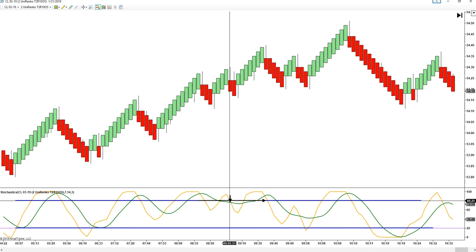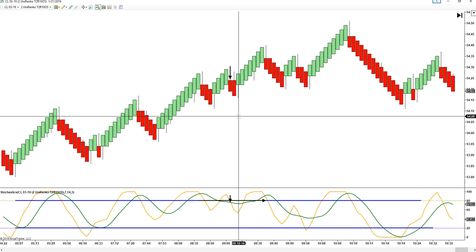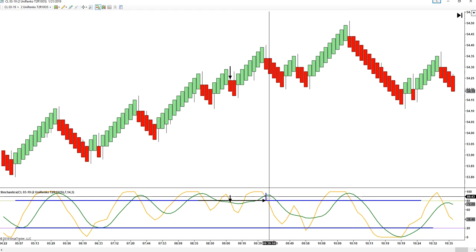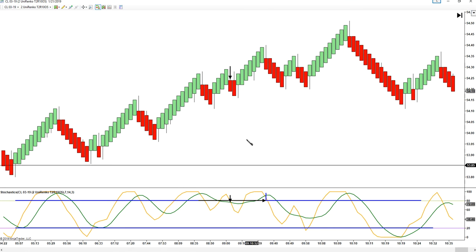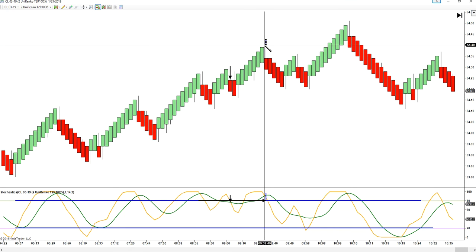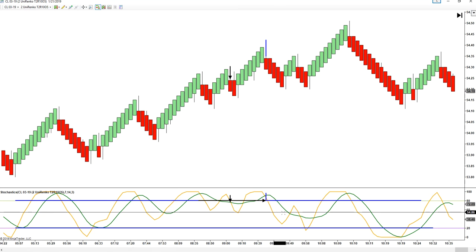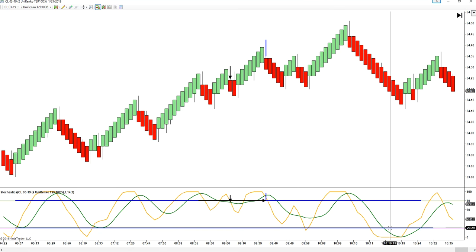And if you look above, you would get a signal to go short right here. Now here the cross takes place and the market is still overbought. So you would get a signal, but this would not be tradable. There's nothing to trade here. Nothing to trade here.